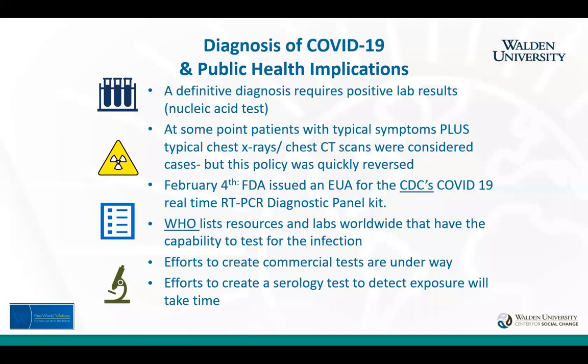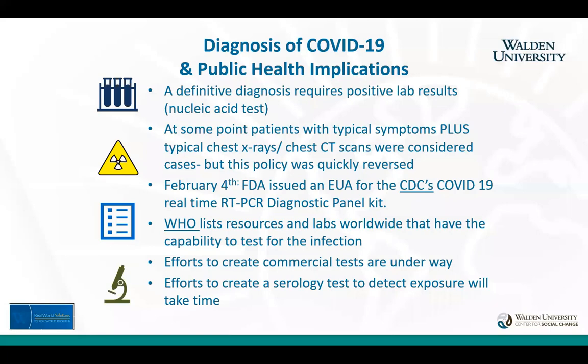The World Health Organization has a list of resources and labs worldwide that have the capability to test for this infection. But it's really important to note that not all countries have this capability, which is an indication that some of the figures we might be seeing worldwide may not be as accurate as the figures reported, for example, in countries like the US or maybe Japan.